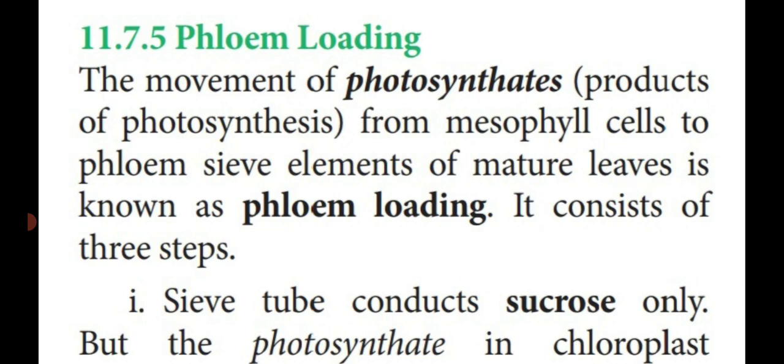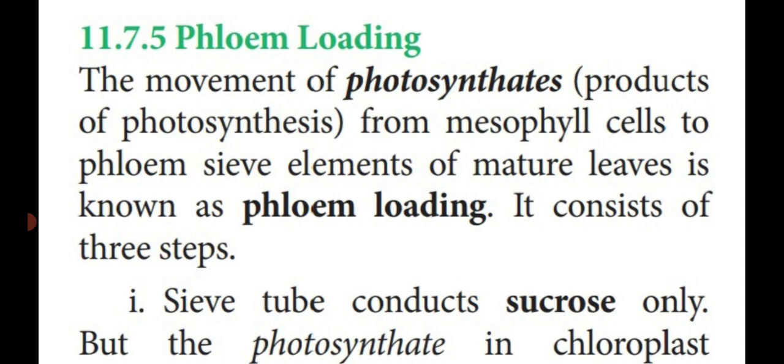Where is it prepared? Now I showed in the diagram. It is prepared in the mesophyll cells of a leafy region. The movement from those mesophyll cells to the phloem sieve elements of mature leaves is known as phloem loading.